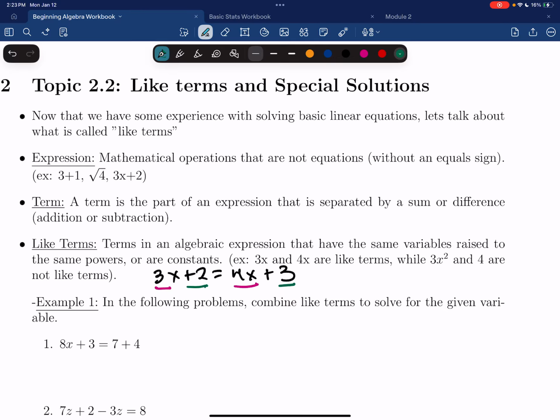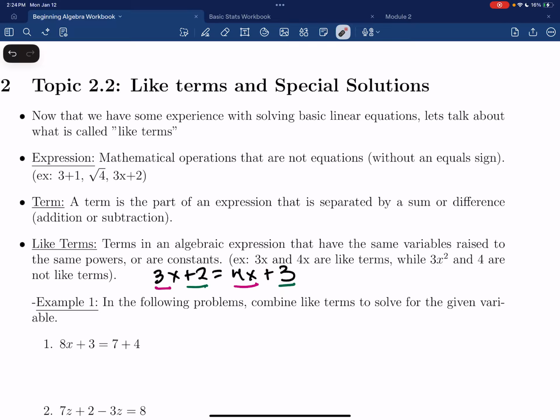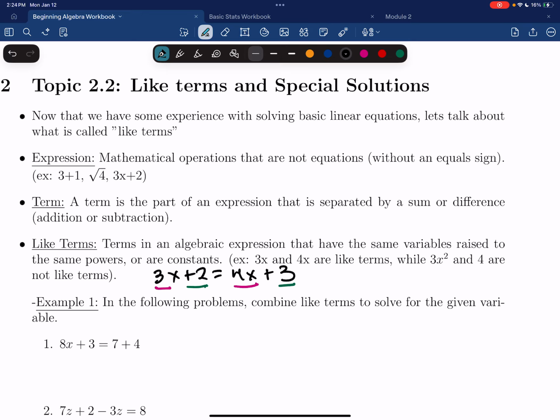To make sure that we understand what a like term is, I'm going to write an example here, and then I am going to have you pause the video, work through it on your own, identify what the like terms are, and then we're going to work through it to double check that you understand, because you're going to need to be able to identify like terms in order to solve these kinds of equations that we're going to be solving in this section.